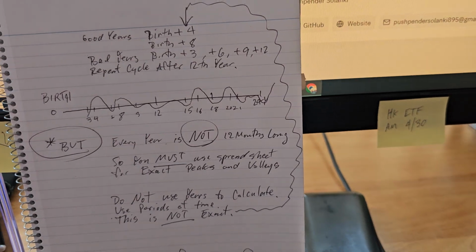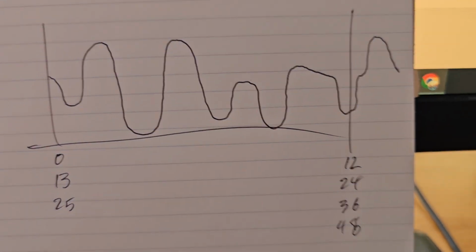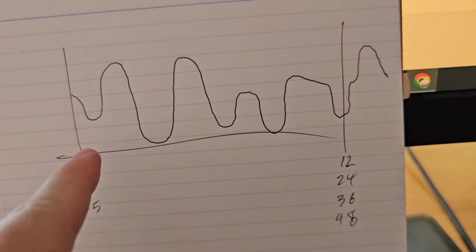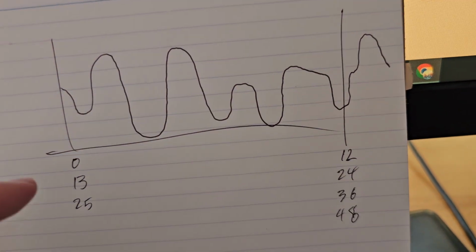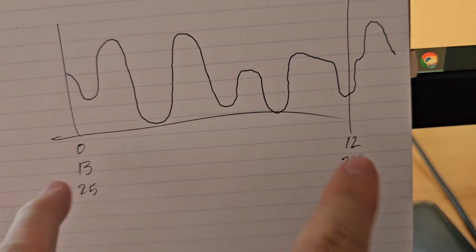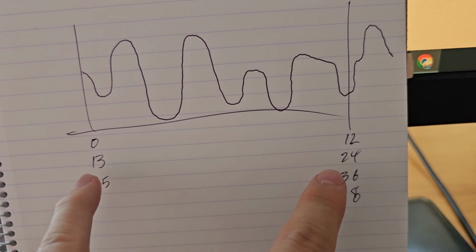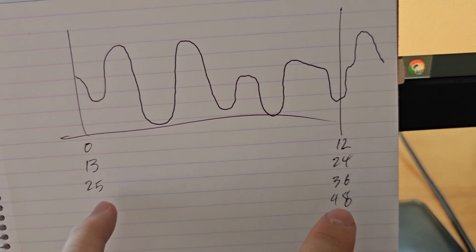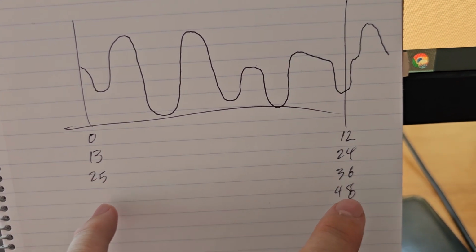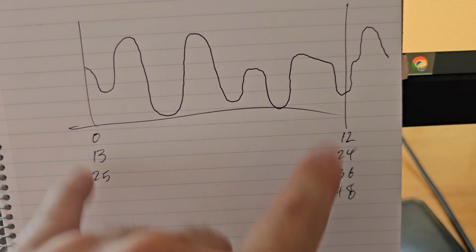Okay, one more example. Think of it this way. All you're trying to do is match what year this is based on how old they are. Since the same pattern repeats every 12 years, between the ages of 13 and 24, between 25 and 36, and then 37 and 48, it just keeps repeating.